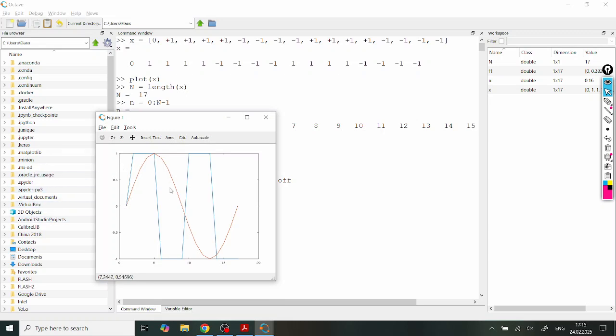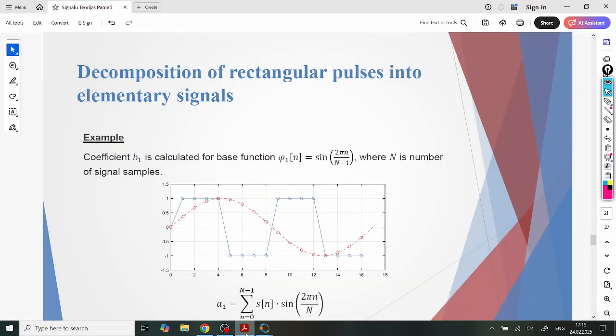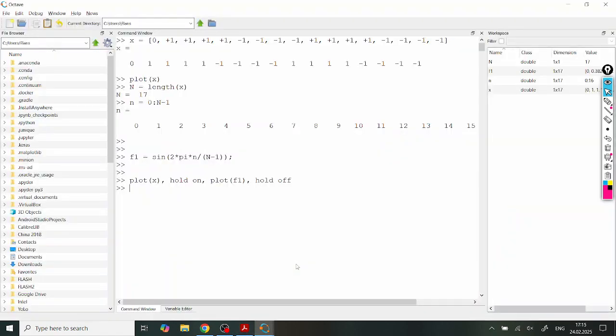So yes, this is the harmonic which I tried to describe. Yes, that is this harmonic. And actually, I don't think it's going to be 1. But let's see it.